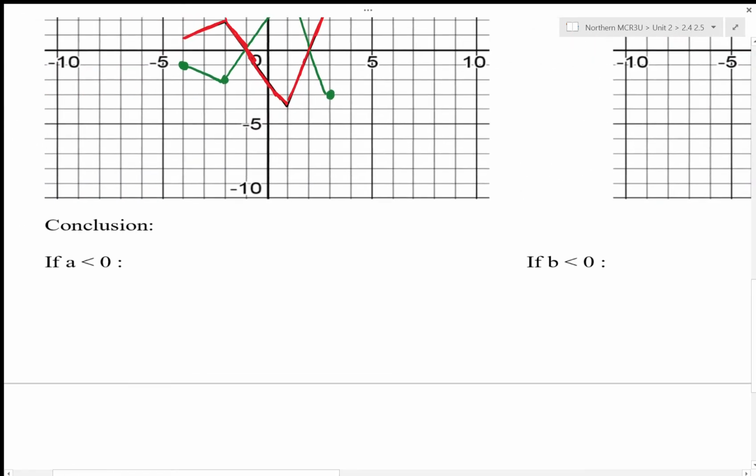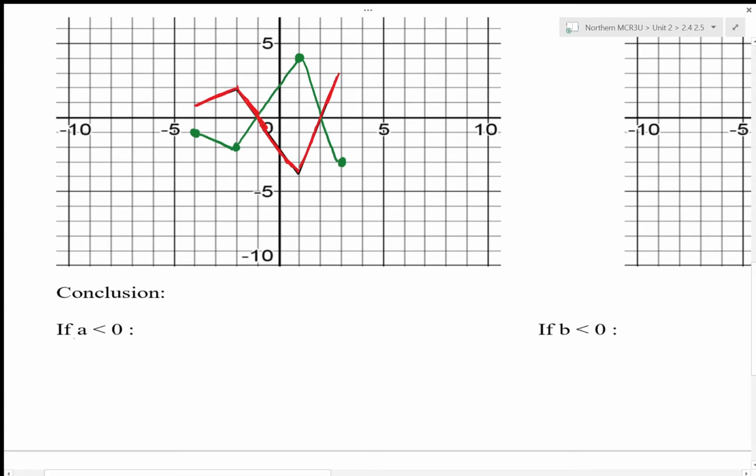So the conclusion is then, if the a value, which is the value sitting in front of the whole function, is negative, that means it is a reflection on the x-axis. Okay, remember, on the x-axis means it rotates this way.